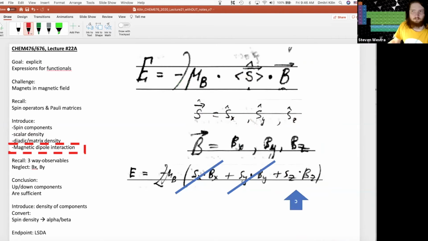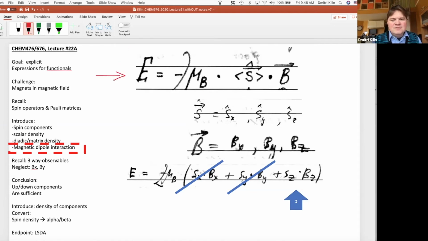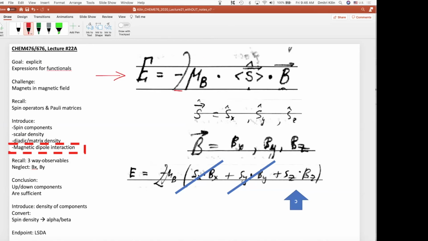So, let me ask everyone: did you ever see the first equation for spin in a magnetic field? No, I've never seen it.